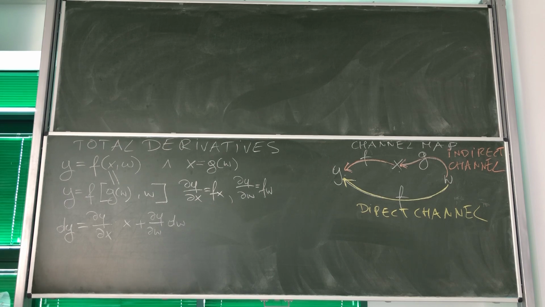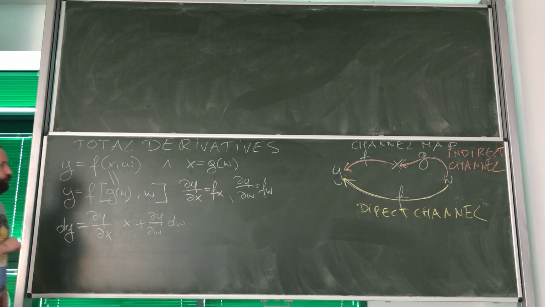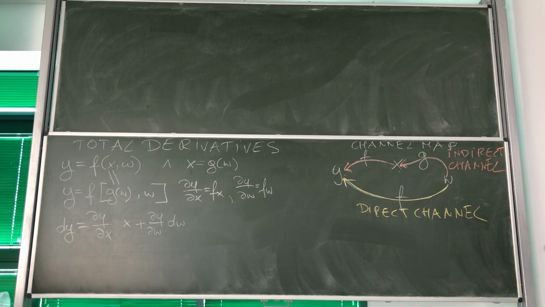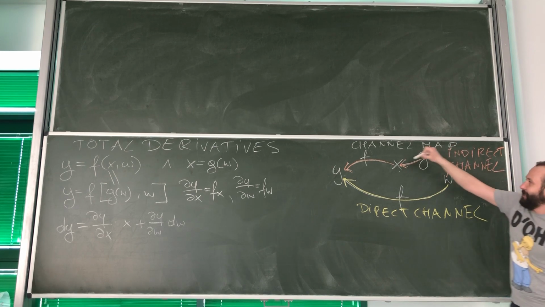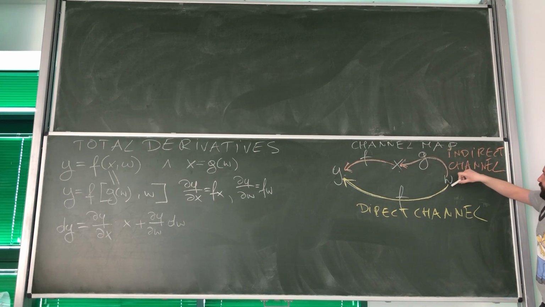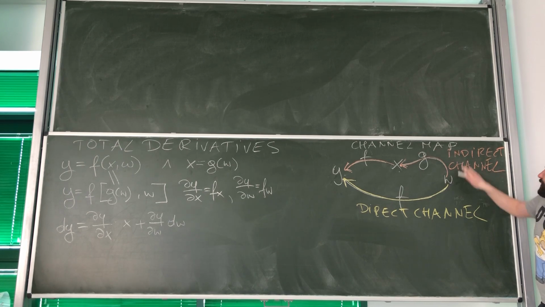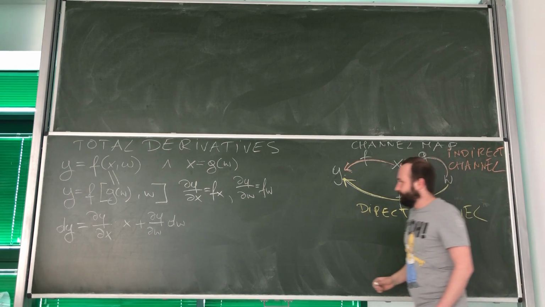Now, do we have any other partial derivatives over here? Actually, we do. The one more partial derivative we could calculate over here is dx/dw. So the impact of w on x.